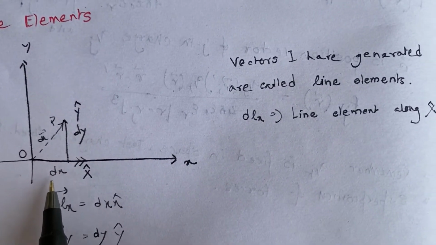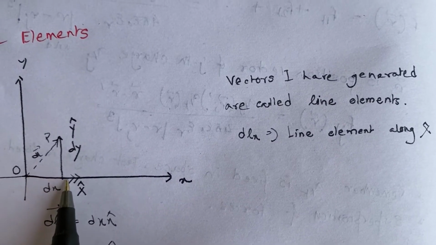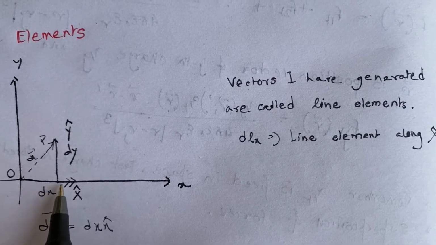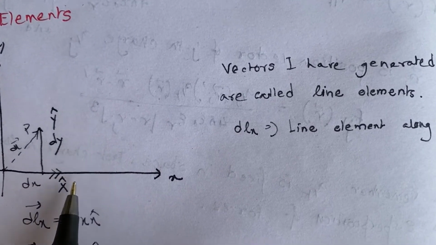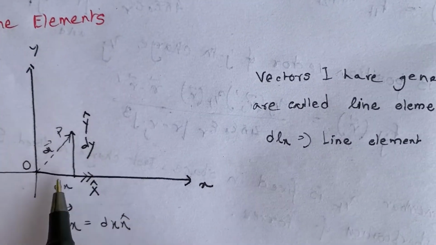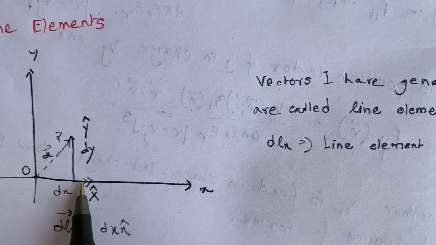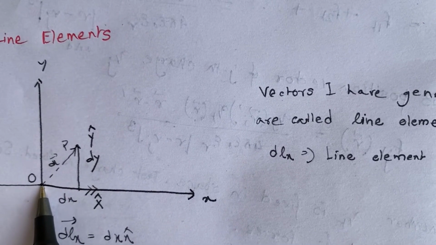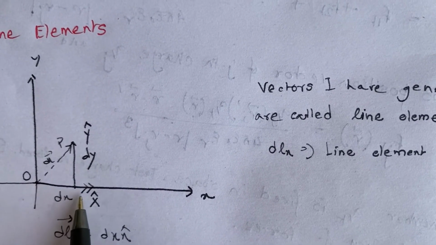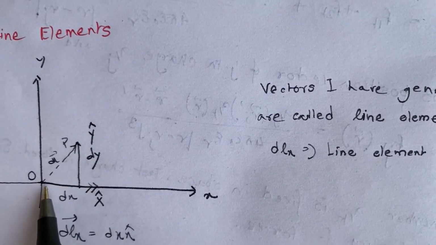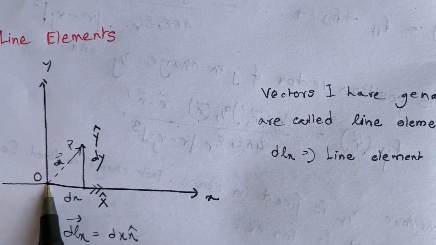By taking dx, I have taken actually a vector along this x direction, and the end of the vector is here and the starting point of the vector is here. That is, the head of the vector lies along the x direction and the tail of the vector is at O.